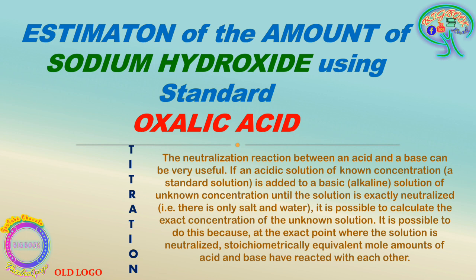The second substance is known as the standard substance, so we are going to have the value of its normality and also of its mass. With the help of the normality of one of the substances, the other substance's normality can be estimated.